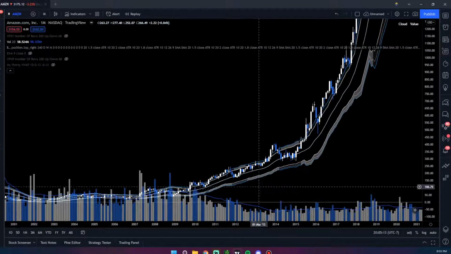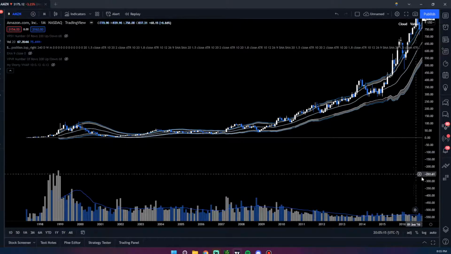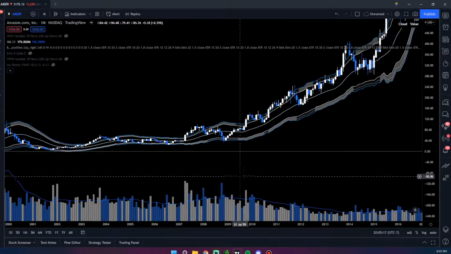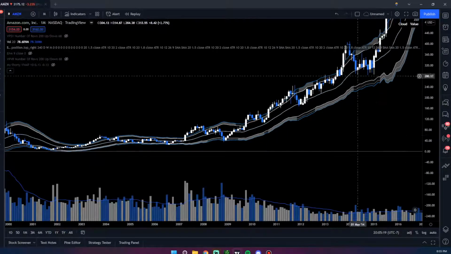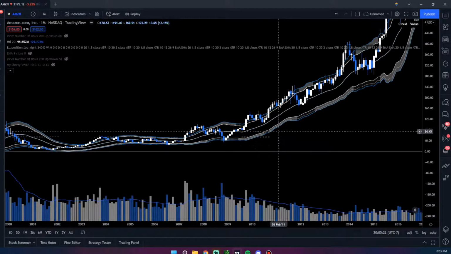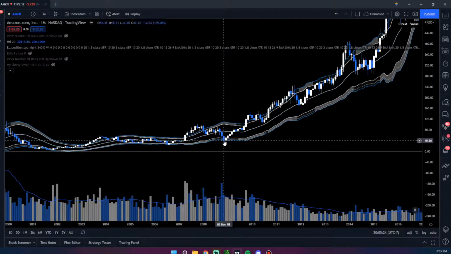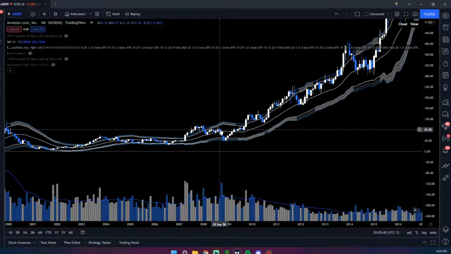If we look back, the only time we actually touch the monthly bottom is 2008. I don't know how many people were trading in 2008, but 2008 was the housing market crash, and the stock market had a pretty big pullback. So that's how deadly accurate these are.